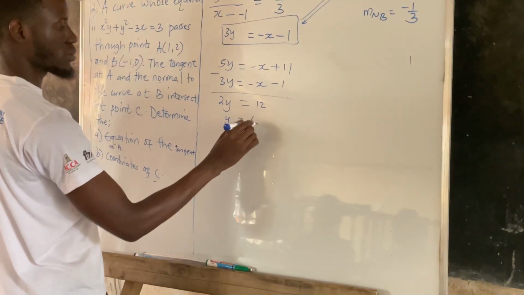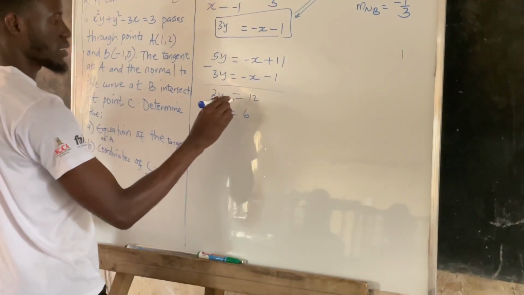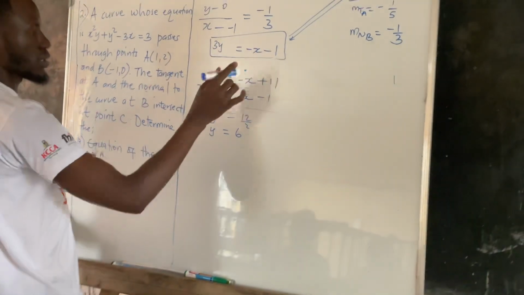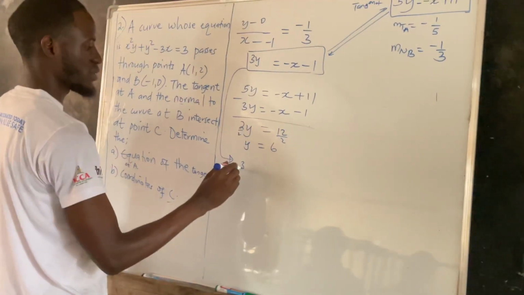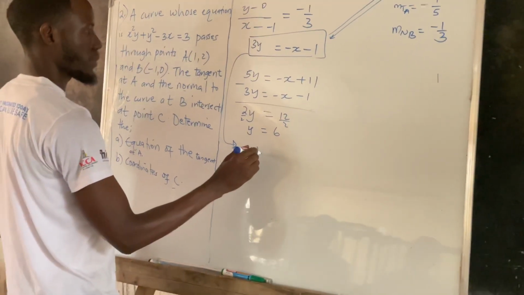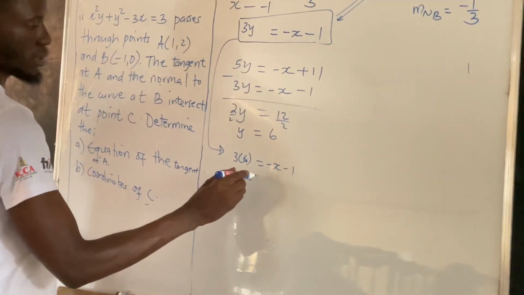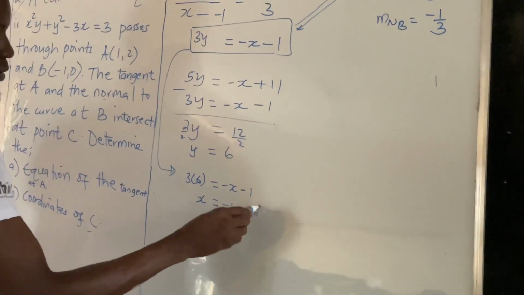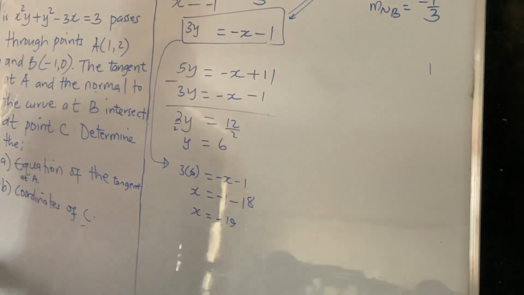Dividing through by 2, I get my y as 6. After I get the value of y, I put it in any equation to get the value of x. Let me put it in this equation. I'll have 3 times 6 is equal to negative x minus 1, such that x will be equal to negative 1 minus 18, so x is equal to negative 19.